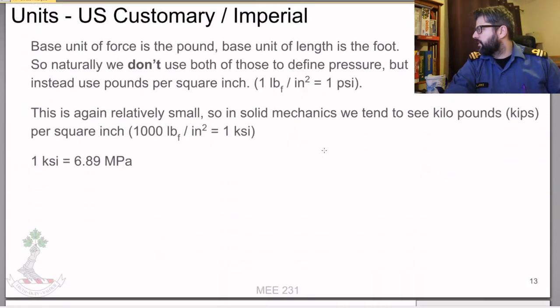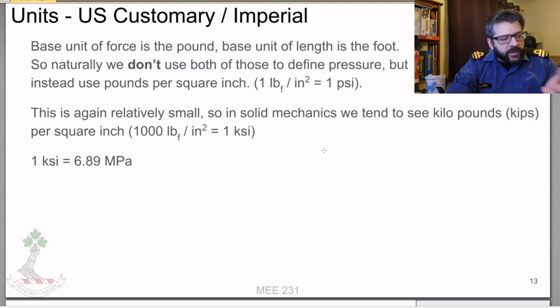In the Imperial system or US Customary, the base unit of force is the pound, and the base unit of length is the foot. But of course, they don't use both of those to define the pressure. Instead, they use inches. So the unit that is used is pounds per square inch. So PSI is a pound per square inch.